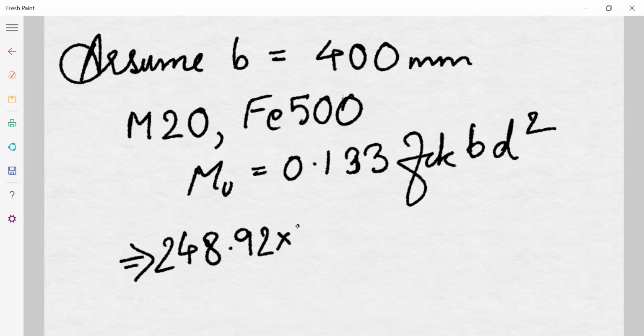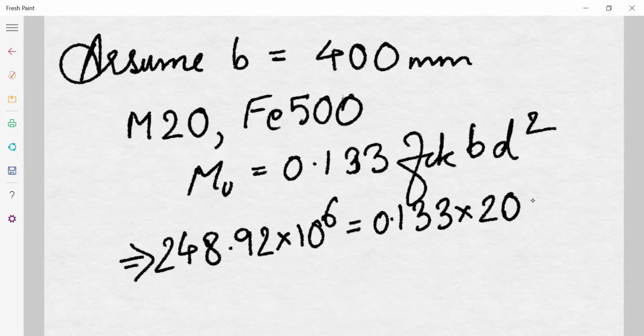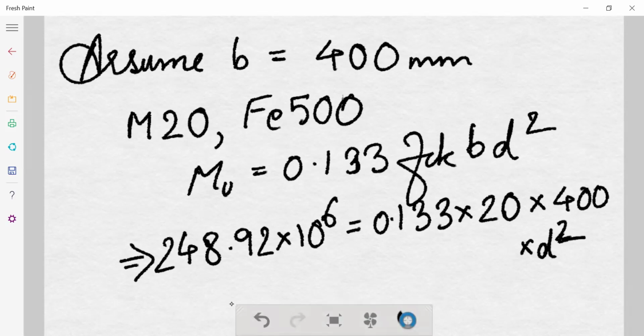248.92 into 10 to the power 6 is equal to 0.133 into 20 into 400 into D squared. So from here we ultimately get the value of D. If you calculate it, just check how much you get.